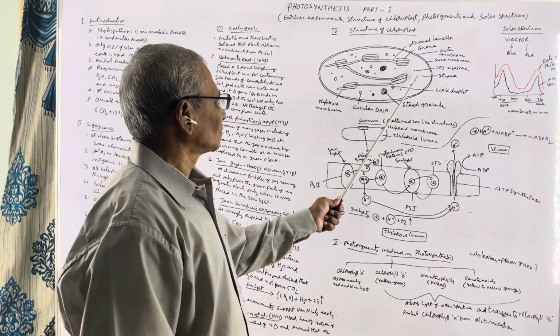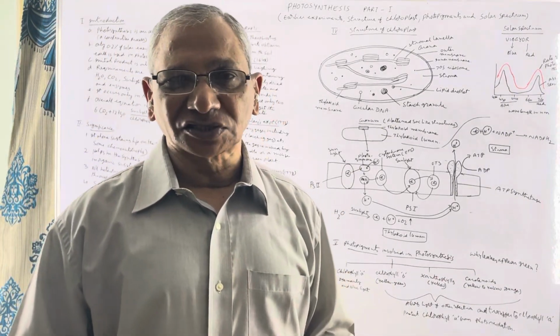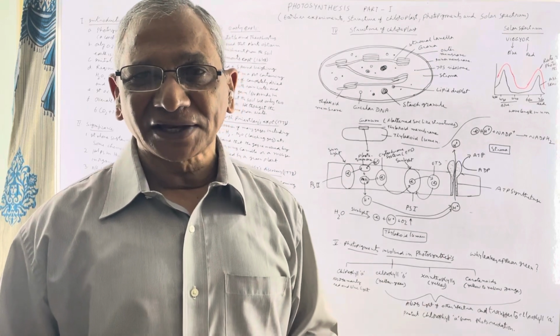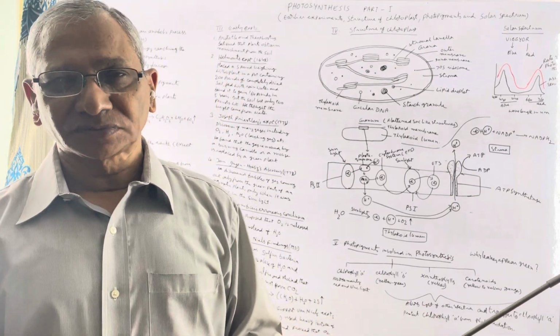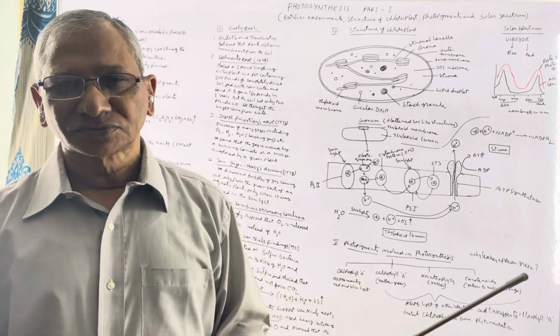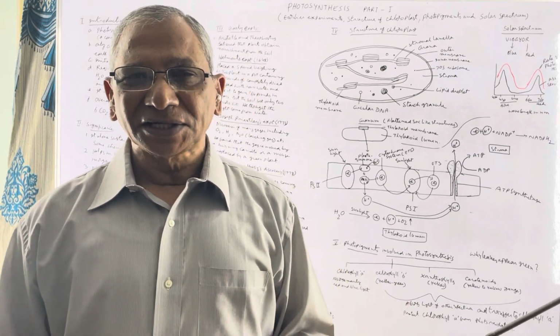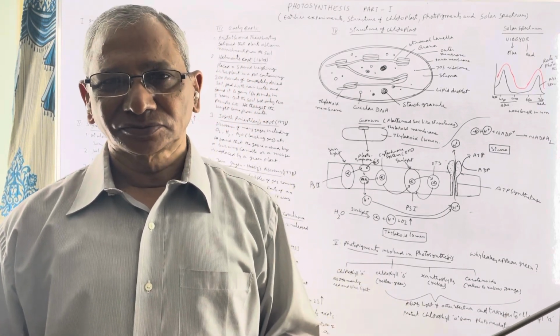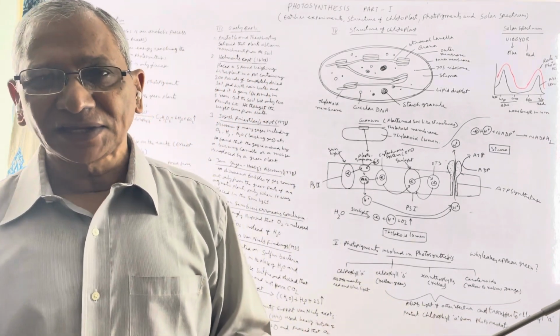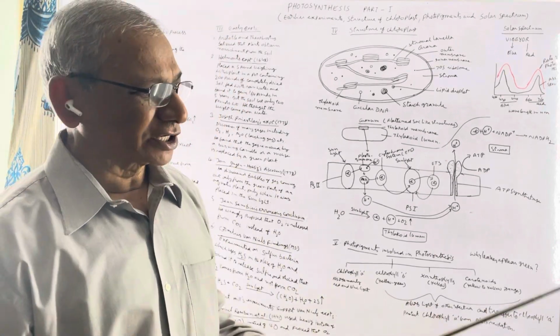And in photosynthesis, there are two important reactions which are known as light reaction and dark reaction. These names are not so correct. Light reaction means light dependent reaction. Dark reaction means light independent reaction. So let there be no confusion.